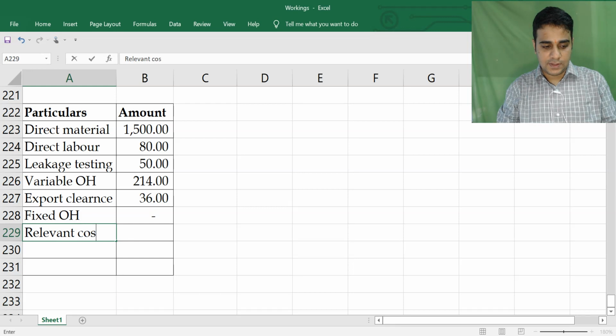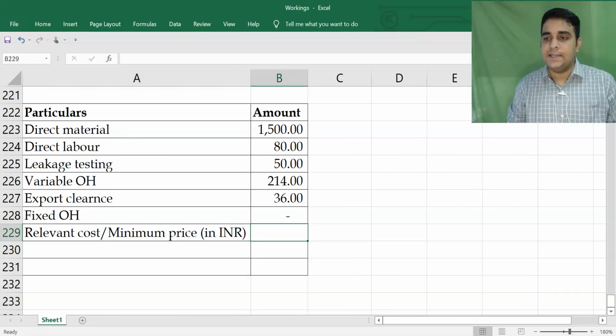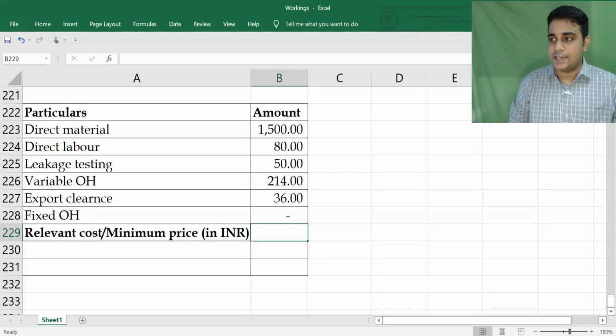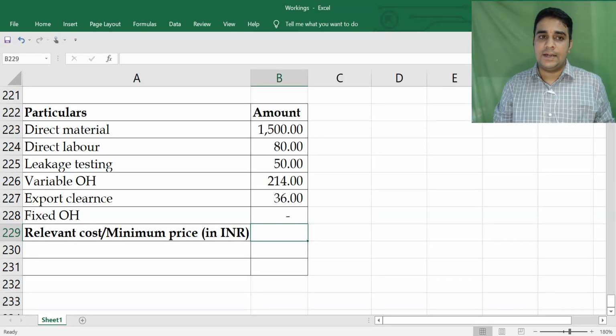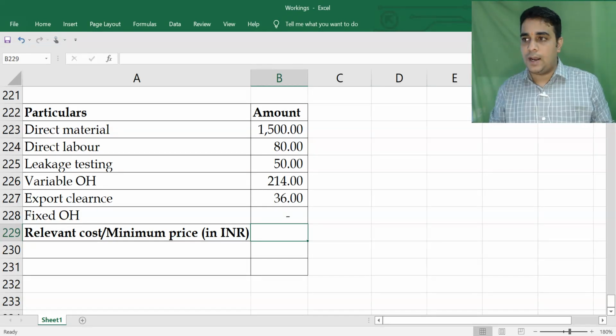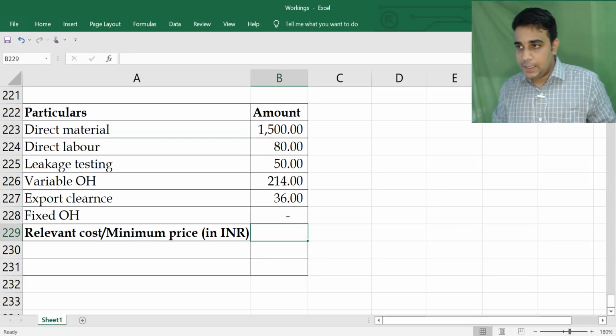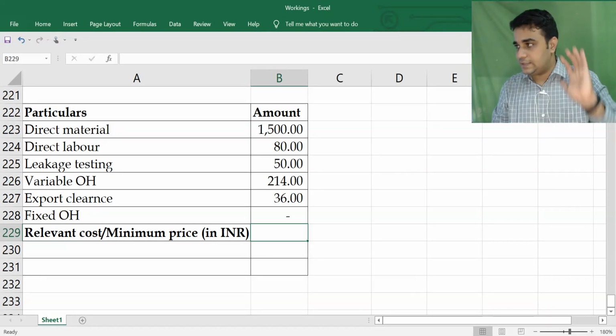Relevant cost or minimum price in INR. I am not bothered about the markup and all, that does not come into the analysis anyway, because relevant costing basically assumes zero profit. It will only give you the minimum price. It's up to you whether you want to increase that price.